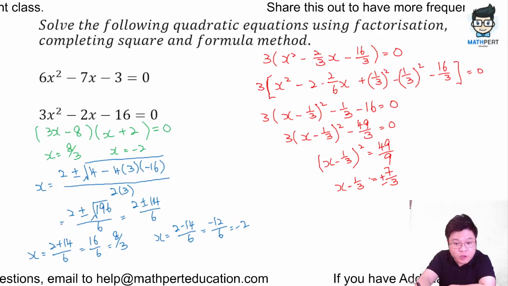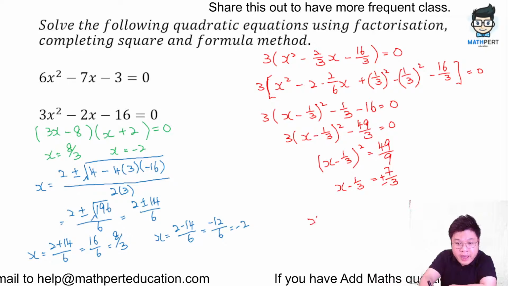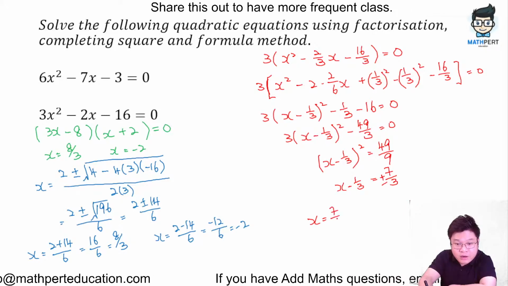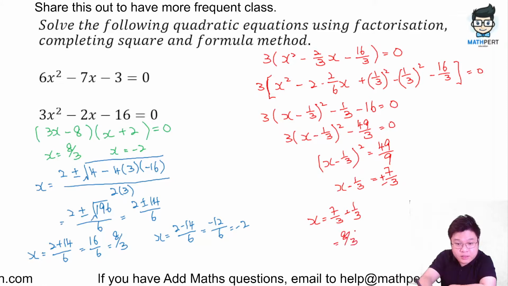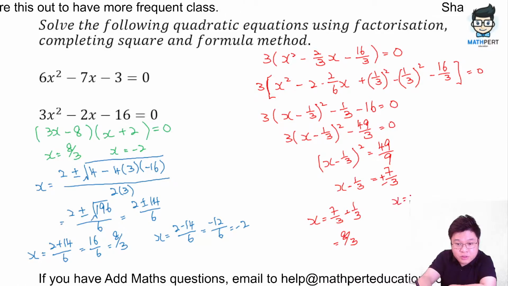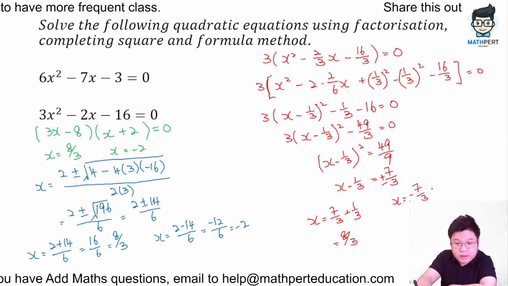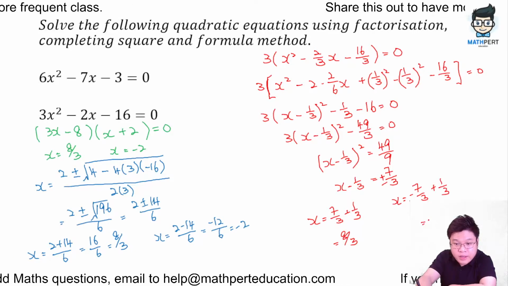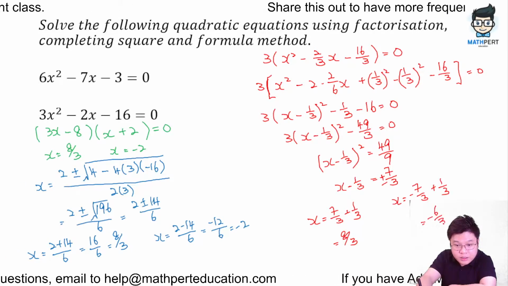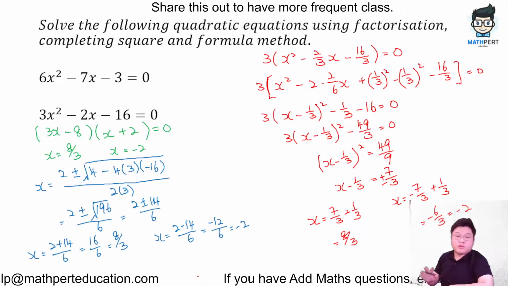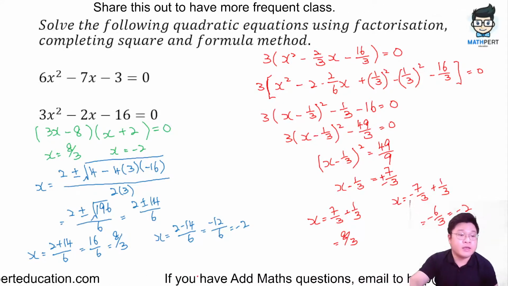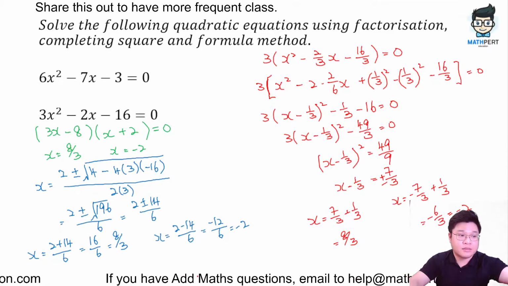Plus minus, do not forget your plus minus. So x will be equal to 7 out of 3 plus 1/3, you get 8 out of 3. x will be equal to negative 7 out of 3 plus 1/3, you get negative 6 out of 3, which is negative 2. Right? So all these three methods, you will get the same answer.